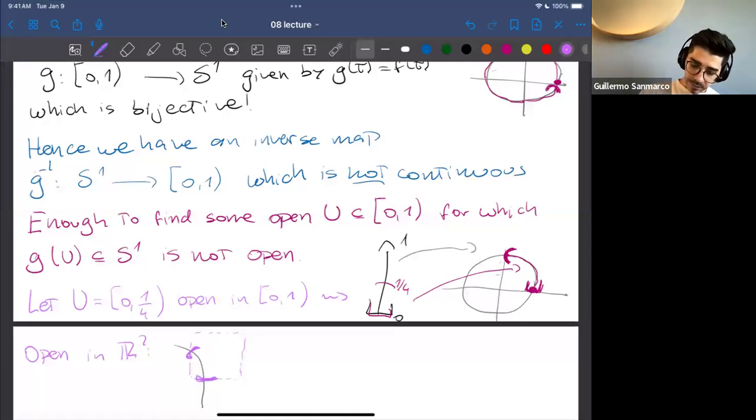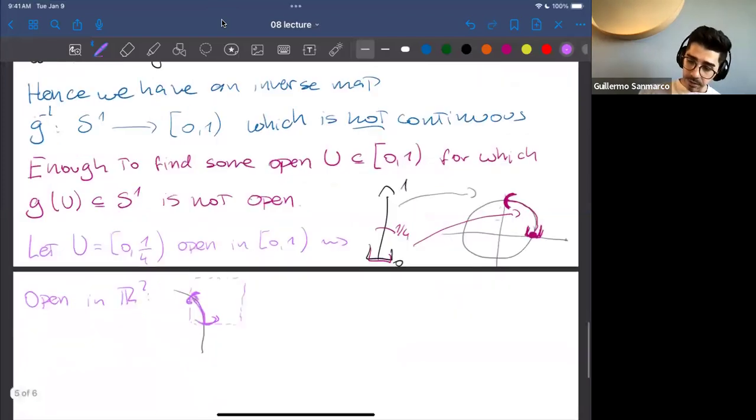There's no way for us to get closed here. So this is not possible. I will not say exactly why now, but this is never going to be open in S1. This is something we need to prove later.